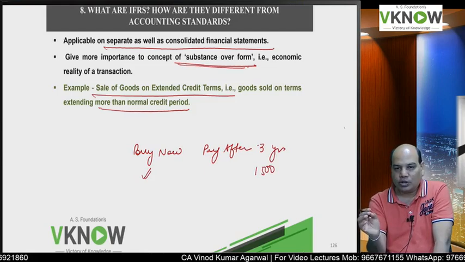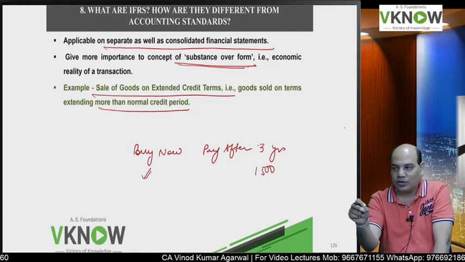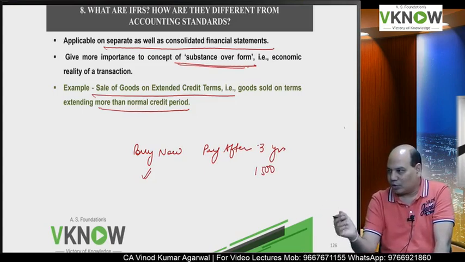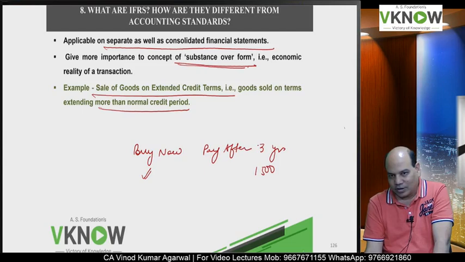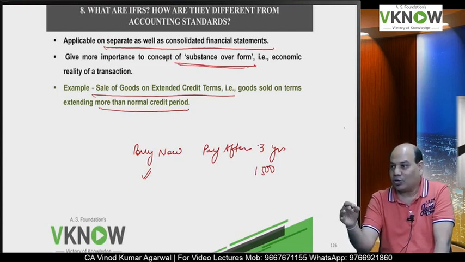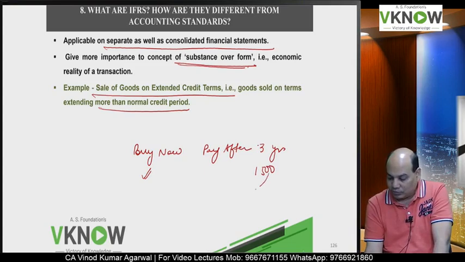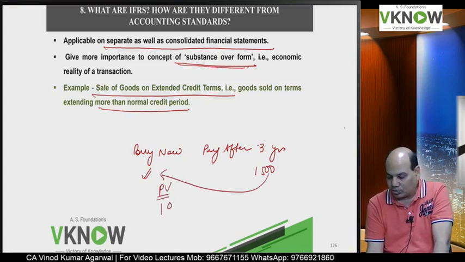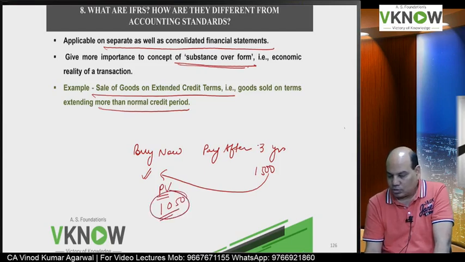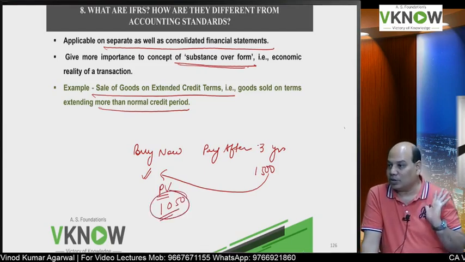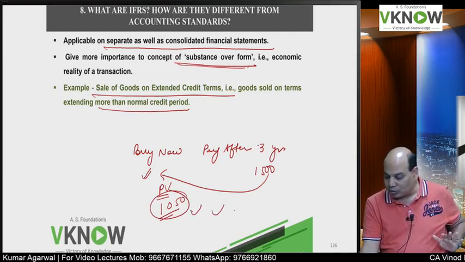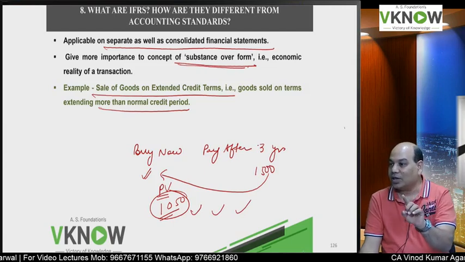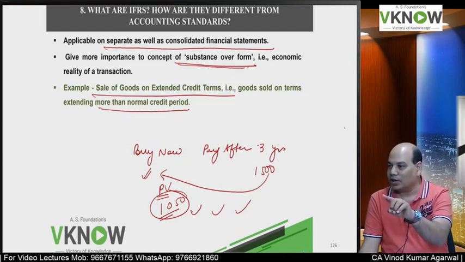If you are a student of 12th standard, foundation, intermediate, you will simply say debtor account debit to sales account 1500. Is it right? But if you are an Ind AS or IFRS student, you will say we will first calculate the present value of that. Say present value comes to 1050. So I will book the sale amount 1050 and then I will calculate interest on opening balance every year and treat it as finance income or finance expense.